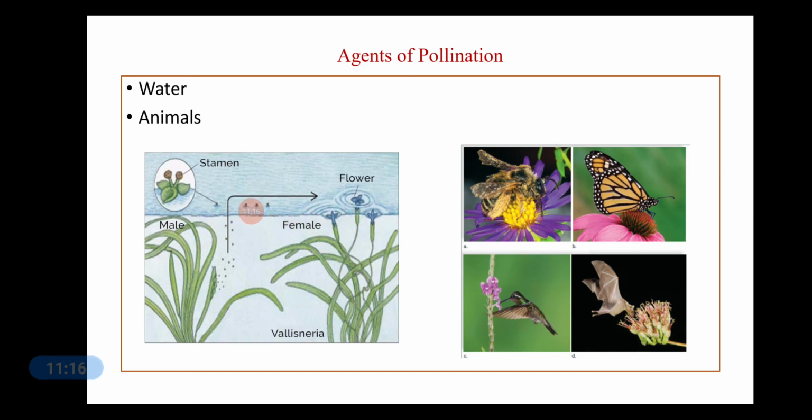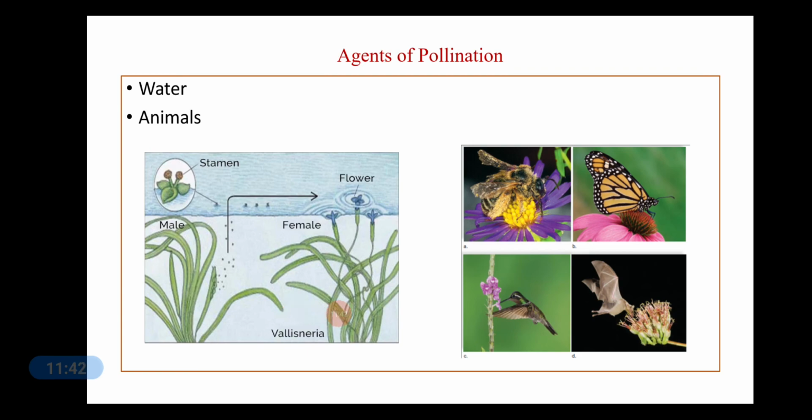When these stamens come out, they rupture and the pollen grains start flowing along with the water and may fall on the flower over here. So, the stigma which is present in the flowers accepts the pollen grains and as such pollination occurs. So here you can see that water helps in pollinating.